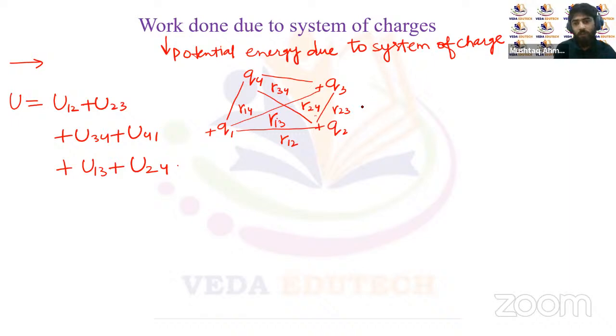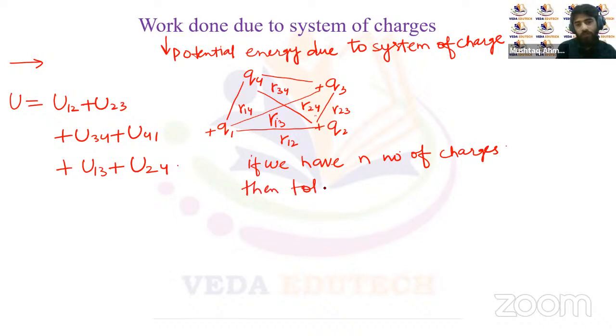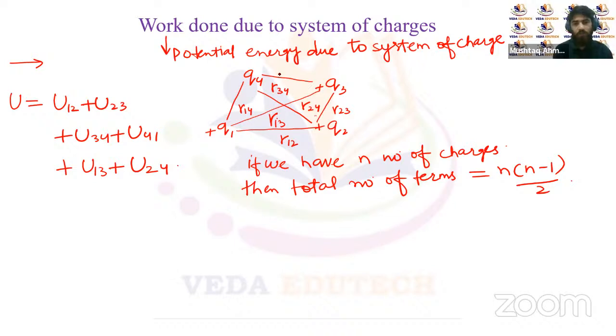It means that, let's suppose we have n charges, then the total number of potential energy terms is equal to n into n minus 1 upon 2, right? Let's suppose we have 4 charges.